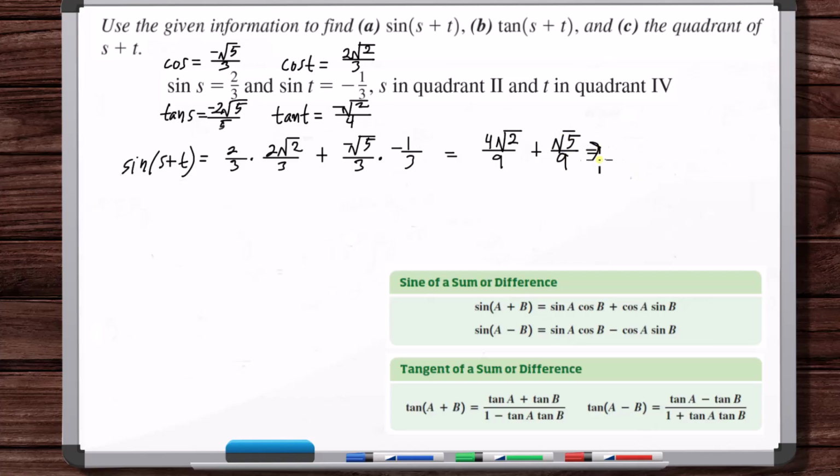So sine of s plus t is equal to 4 root 2 plus root 5 over 9.